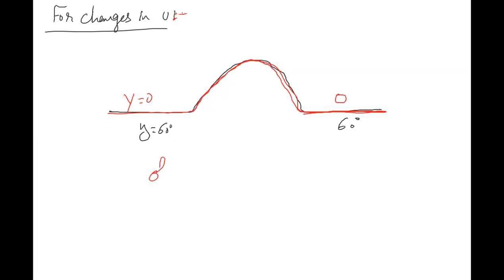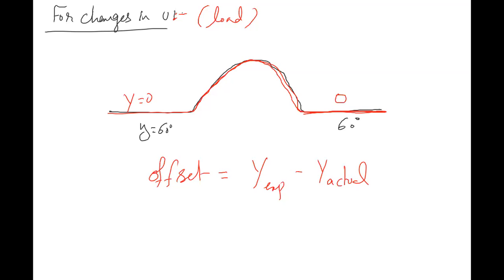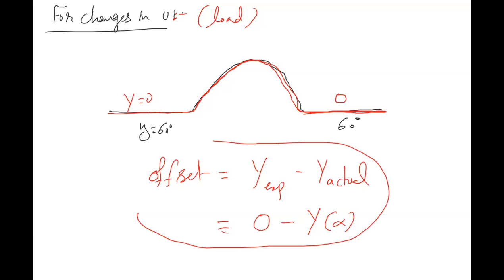So what is my offset for changes in the load? The offset that I expect is what is Y expected minus what is Y actual. Y expected is 0, minus Y actual, which is Y infinity, you have to calculate. Suppose your Y actual is also 0, then the offset is 0.